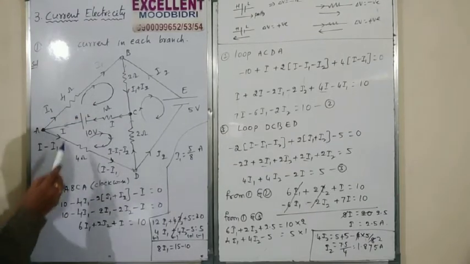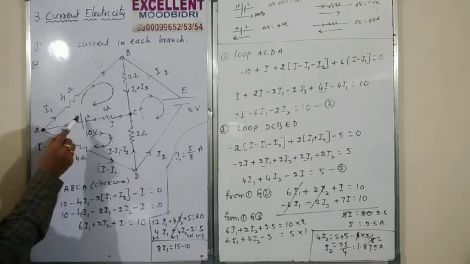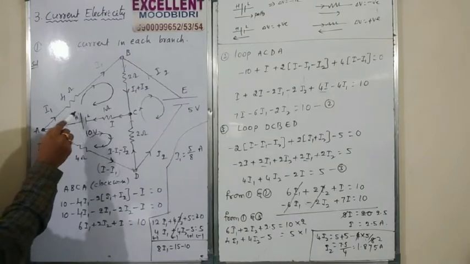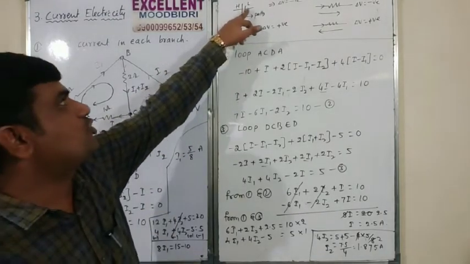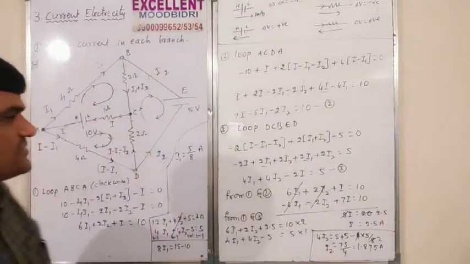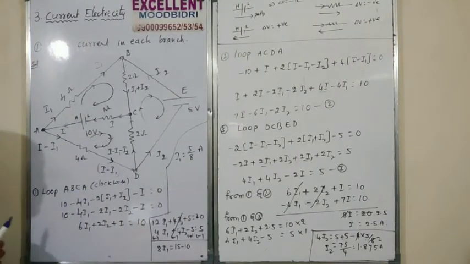Now if you observe this one, this is the lower, this is the higher. The current is moving from lower to higher. Higher to lower is negative, lower to higher is positive. So plus 10 volt.